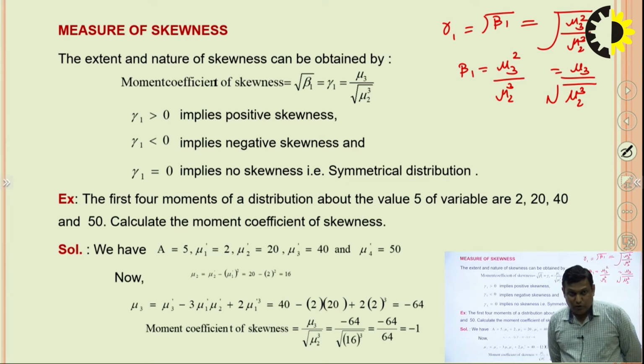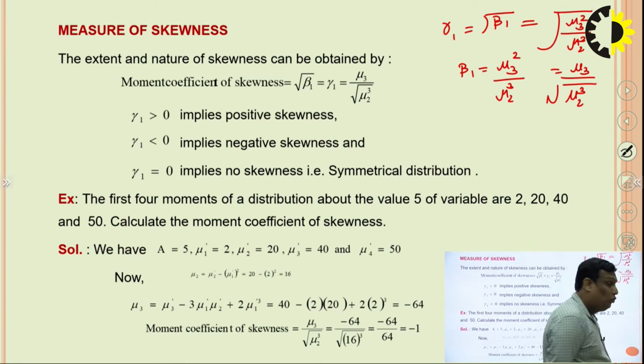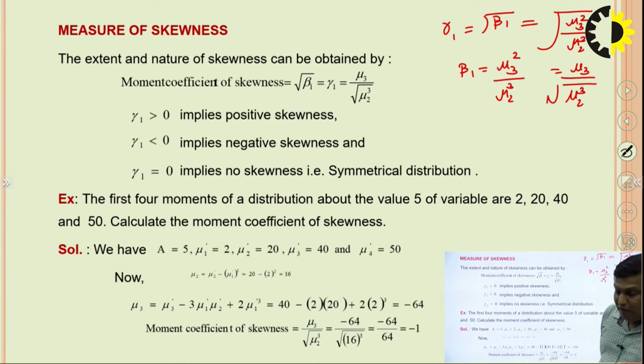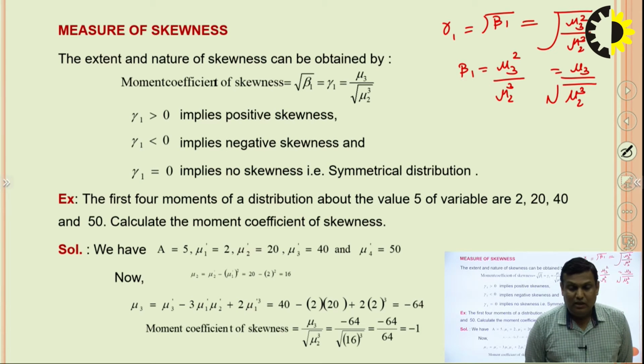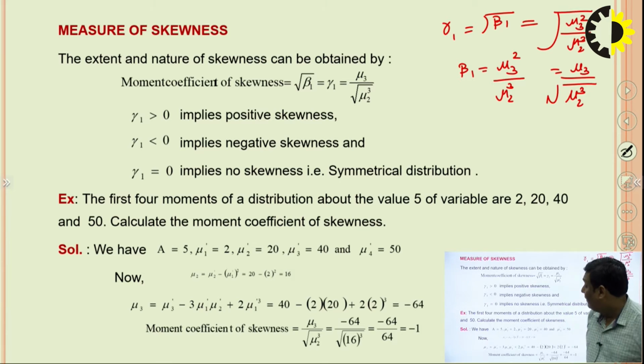But our coefficient of skewness is gamma 1, and gamma 1 is equal to root beta 1, and root beta 1 is in terms of mu 1, mu 2, mu 3, mu 4, which are central moments. But here in the problem the moments are given as raw moments.